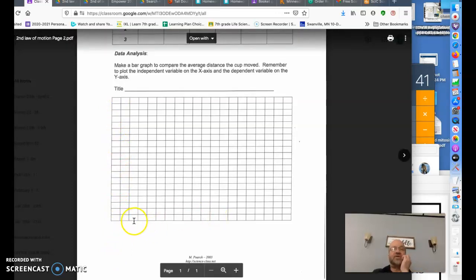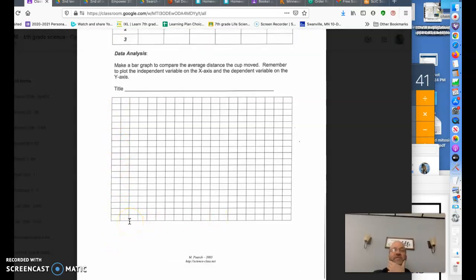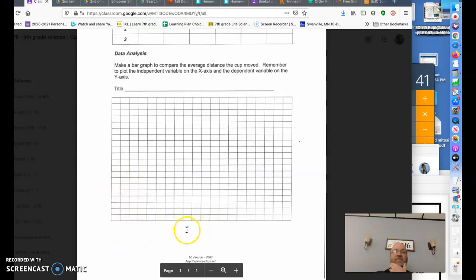And on the bottom here, it can be a bar graph if you wish. You can make 2 of these spaces 1 bar going up to the certain distance. So this would be for 1 marble. Then over here, somewhere, label 2 marbles. This over here, 3 marbles.